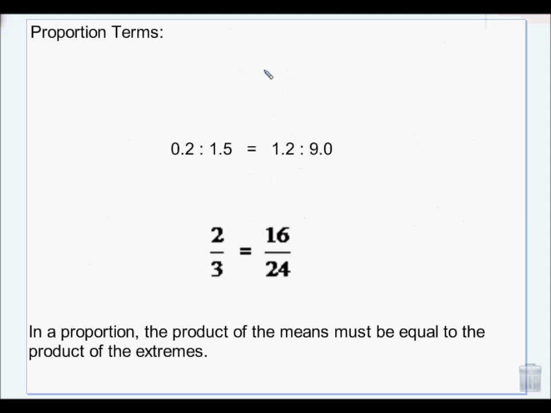The inside parts, these are called the means. They're the middle terms. And the outside parts, these are called the extremes.